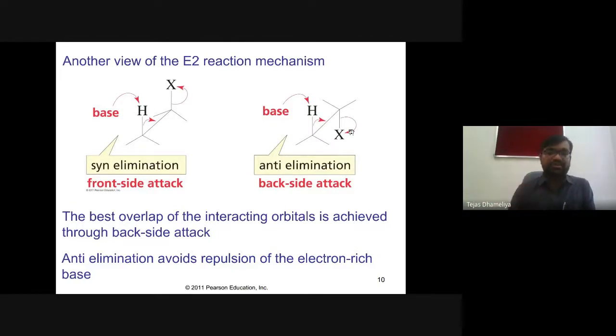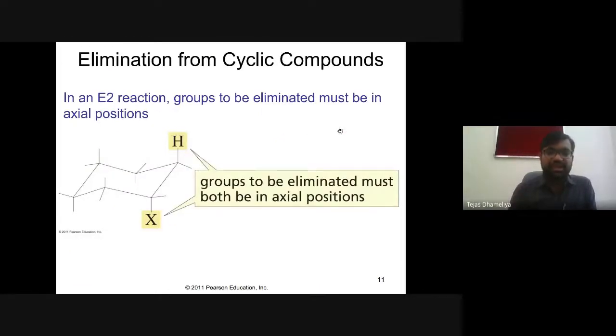So there are two approaches: front side attack and back side attack. In this case, the backside attack, the anti-elimination approach, is more important because of the repulsion of the base, which is electron rich. In the same way, if the reaction is in a cyclic compound, there are axial groups, meaning groups around the axis.